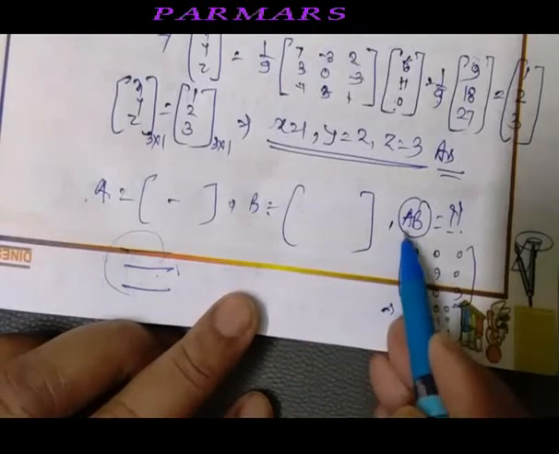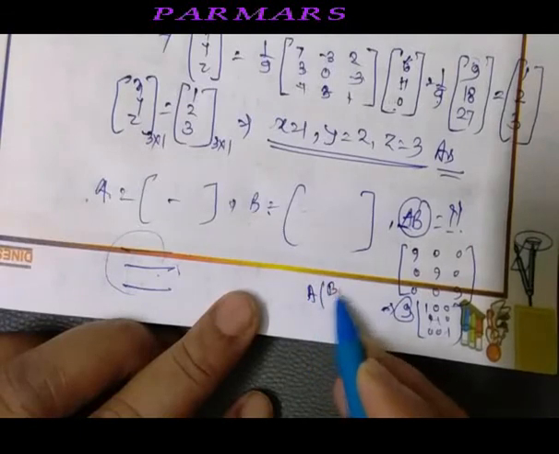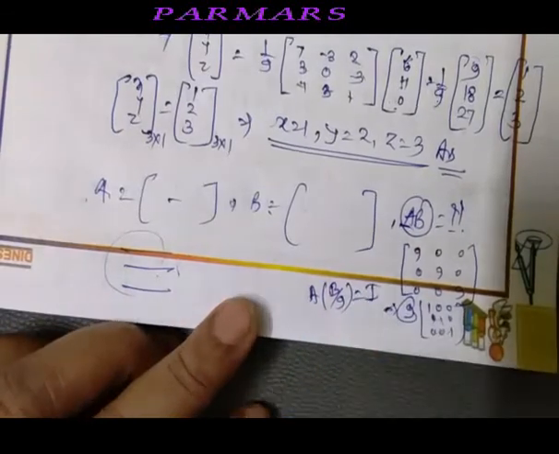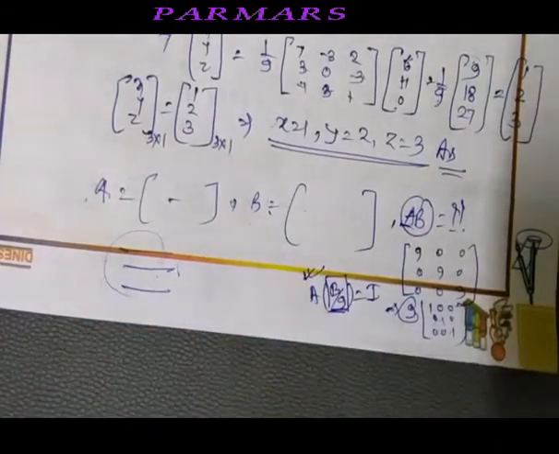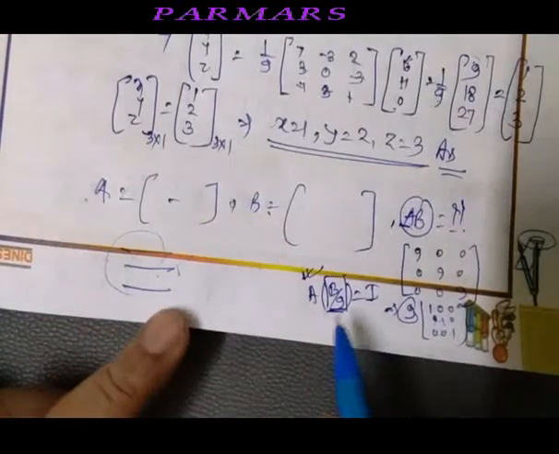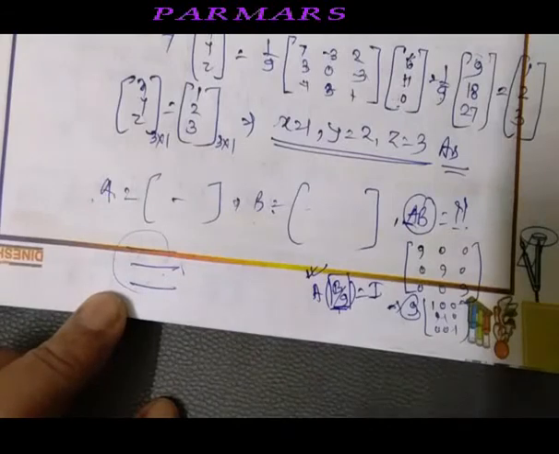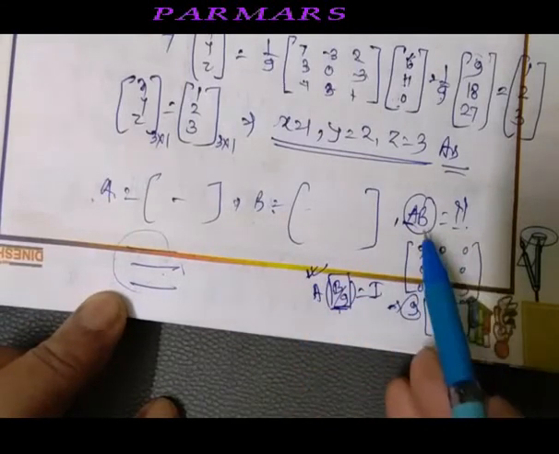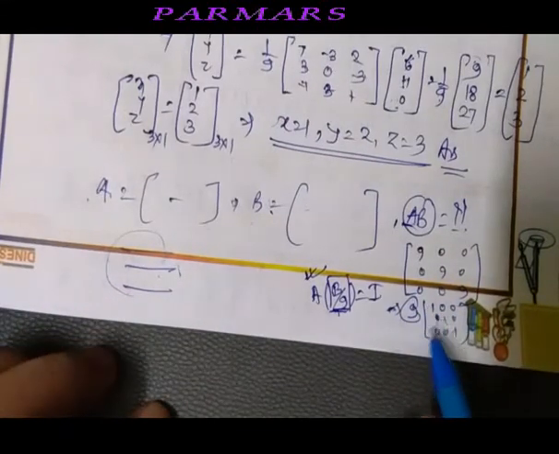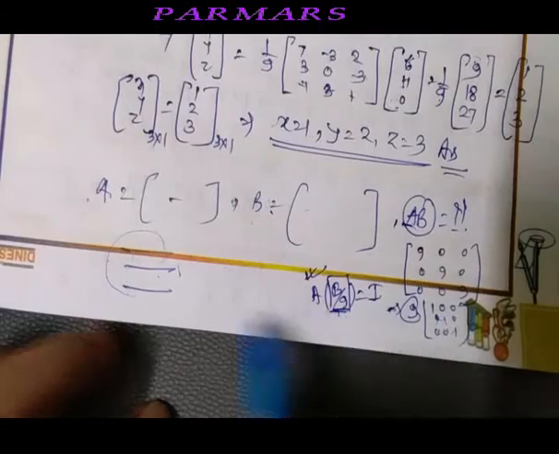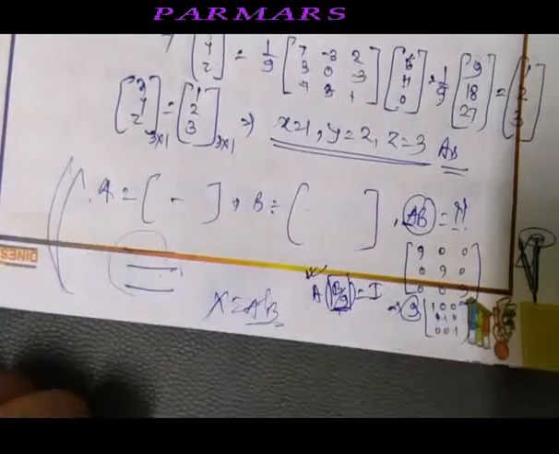So A into B, now if A is our coefficient matrix, then bringing this 9 over, A into B by 9 will give I. So what you see is that B by 9 is the inverse of A. So there is no need to find adjoint or cofactors or whatever. We simply find the inverse of A by using the product. Then use this one, X is equal to A inverse B. This is an application based question.